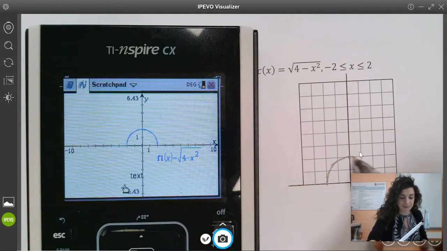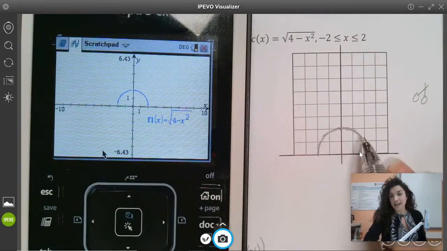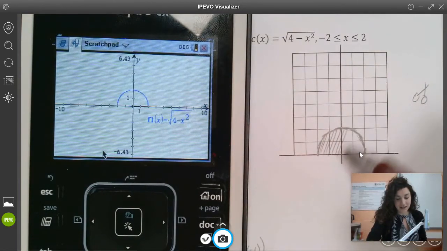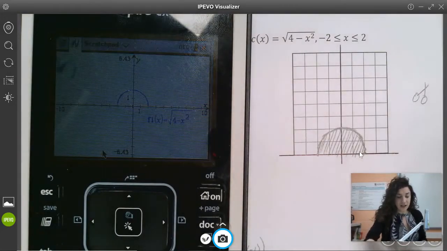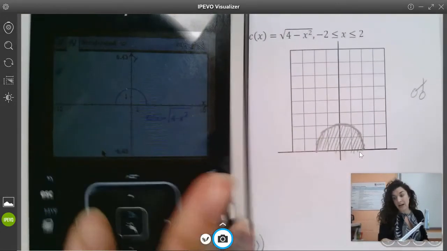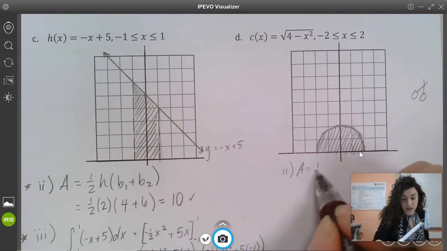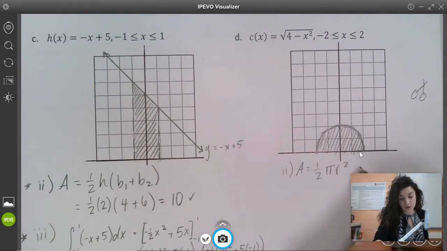So it's a semicircle. So we go ahead and draw in that semicircle and we can shade it in. And then we want to find that area. Okay, so area of a semicircle is 1/2 times the area of a circle.